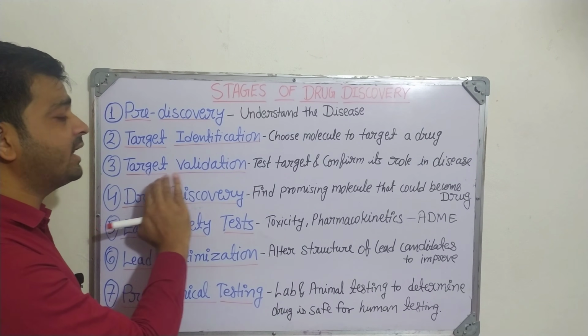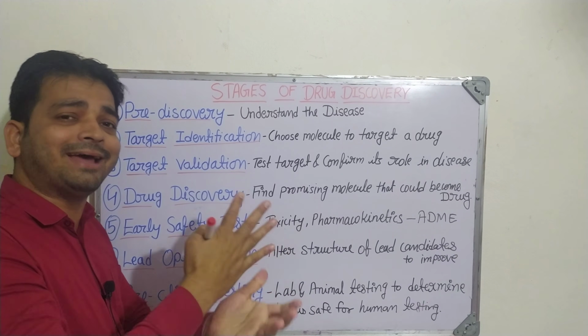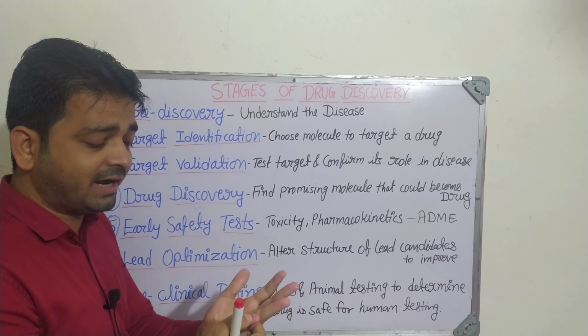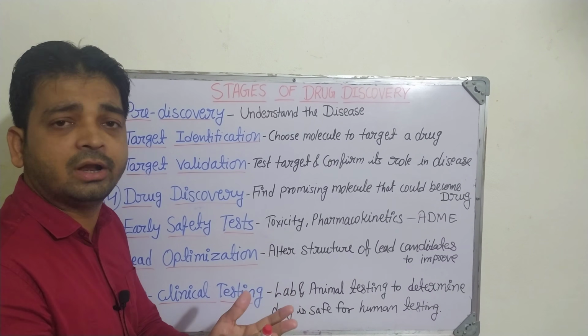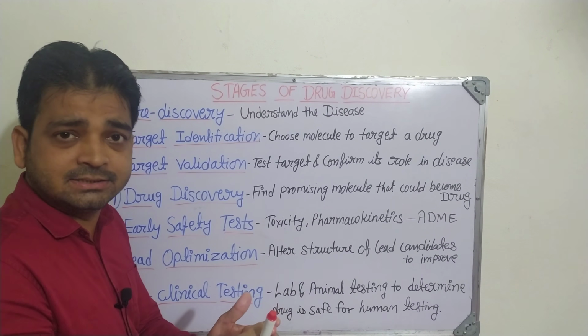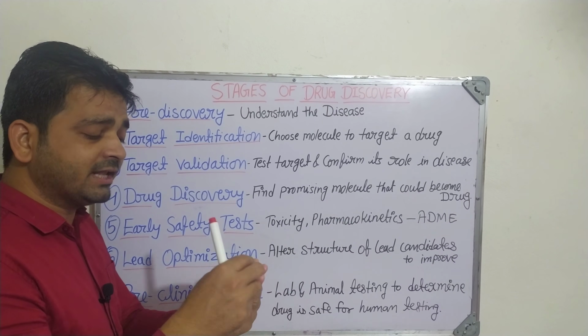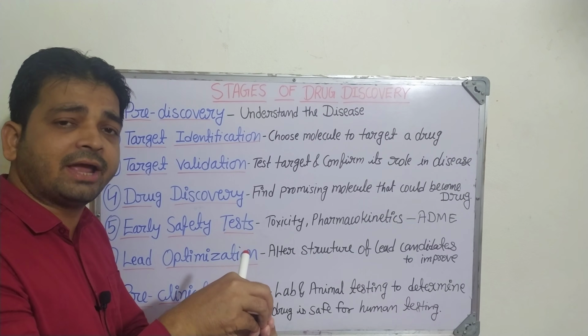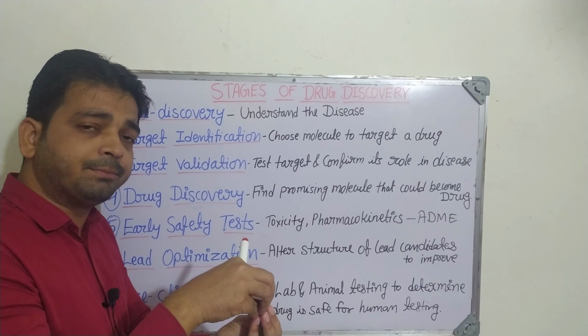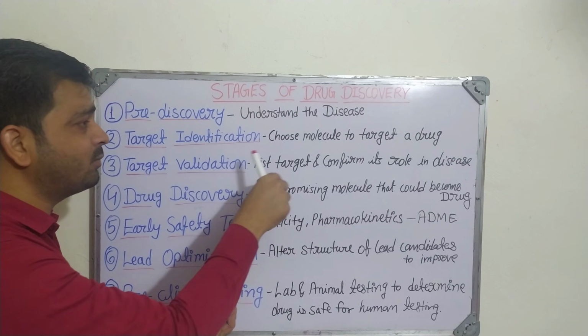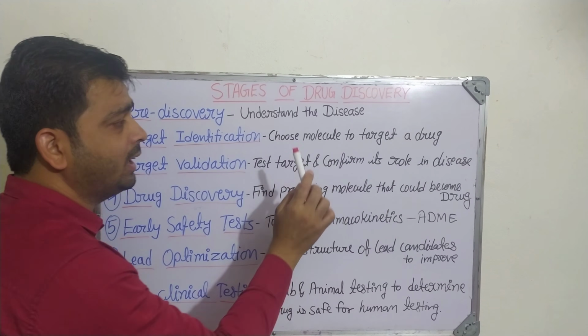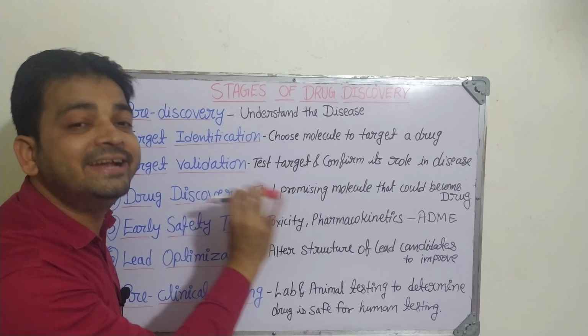The third one, target validation. Whatever we have targeted, suppose we need flavonoid, alkaloid, or tannins, something like that. Whatever we are expecting in any extract, plant product, or animal product, whatever drug or molecule we have selected, we need to validate that.